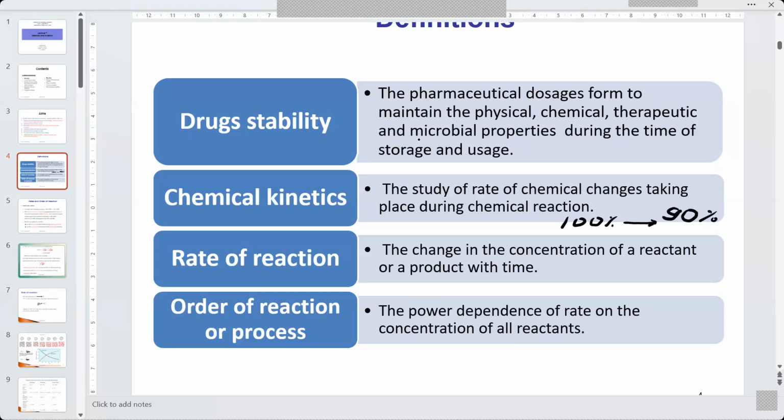So if we study the rate of reaction of this drug, we can estimate the time period for the drug to lose 10% and retain 90% of the content. The time for this 90% content is the expiry date, after which the content will be less than 90% and the drug should not be used according to the regulations. Okay. For some drugs, expiry date is when it reaches 95%, for example, and so on. So we can do the calculations based on the requirements of specific drugs.